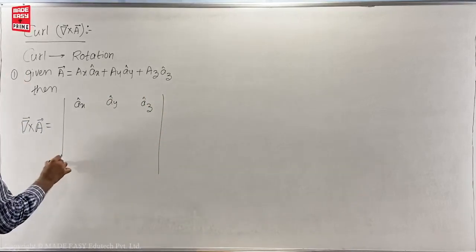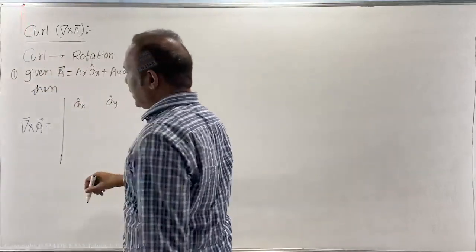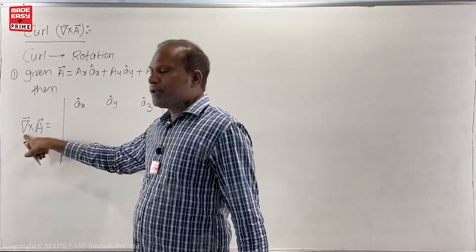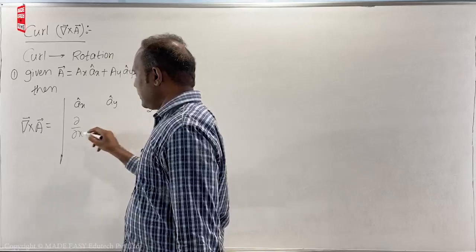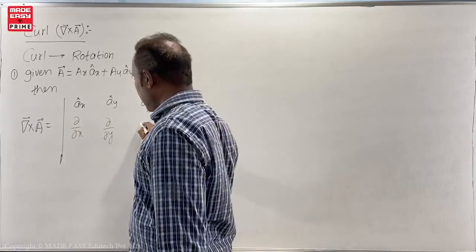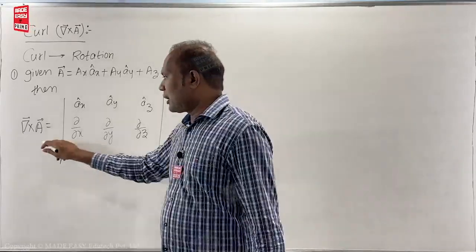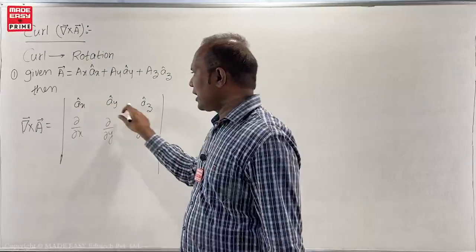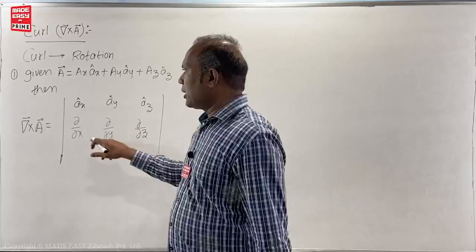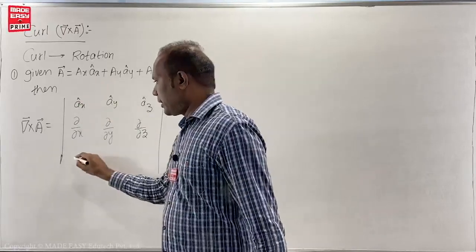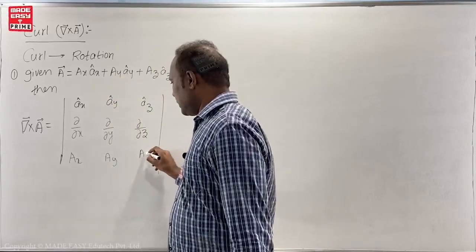Then you have to write the coefficients of the first vector, that is del bar, that is dou by dou x in the rectangular system, dou by dou y and dou by dou z. In the third row you have to write the coefficients of this vector A bar. So these coefficients are x component, then y component, and then z component.